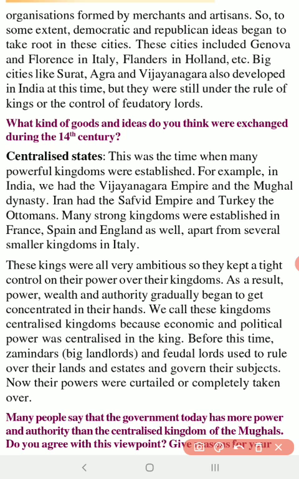Okay, now whereas in Europe, these wealthy cities were ruled by their own organizations, founded by the merchants and artisans. Just like, if you notice the history of how the British colonized India, you would know. Okay, so they came here as merchants, as businessmen, and they set up their own centers here and there.